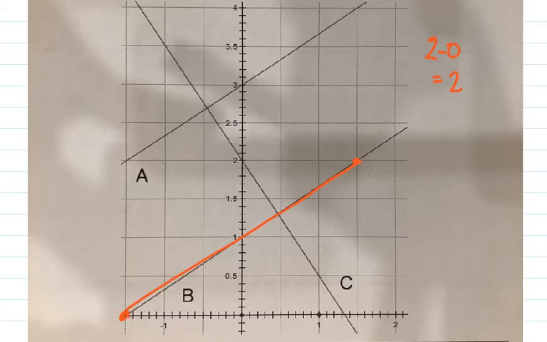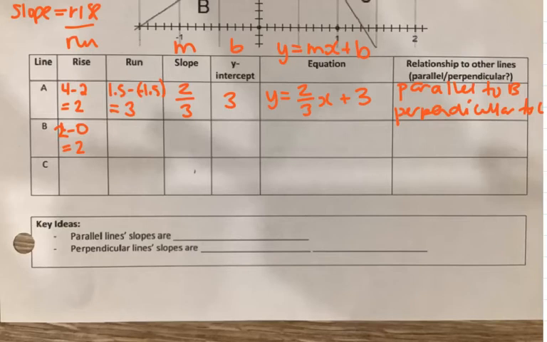And the run, how far did we go there, was from 1.5 to negative 1.5 again. So 1.5 minus negative 1.5 equals 1.5 plus 1.5 equals 3. So the run is 1.5 minus negative 1.5 equals 3. So again, the slope is rise over run, which is 2 over 3.